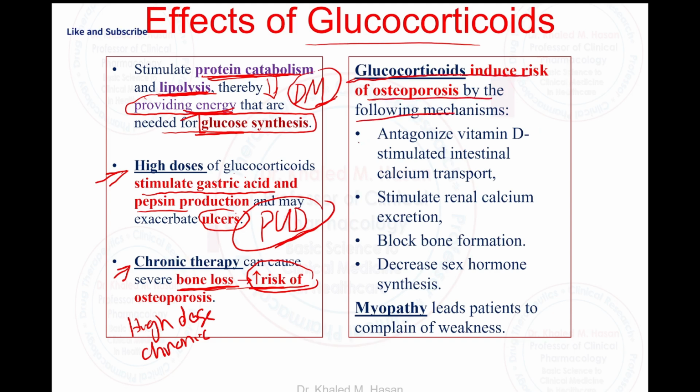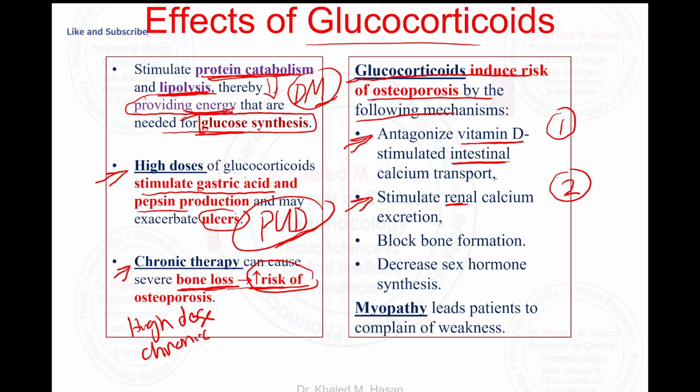Number one, cortisone works on the intestine by antagonizing the action of vitamin D on the GI system, and we know that vitamin D is responsible for calcium transport. Number two, cortisone works on the renal system by stimulating excretion of calcium in the urine, so calcium will be excreted in the urine.